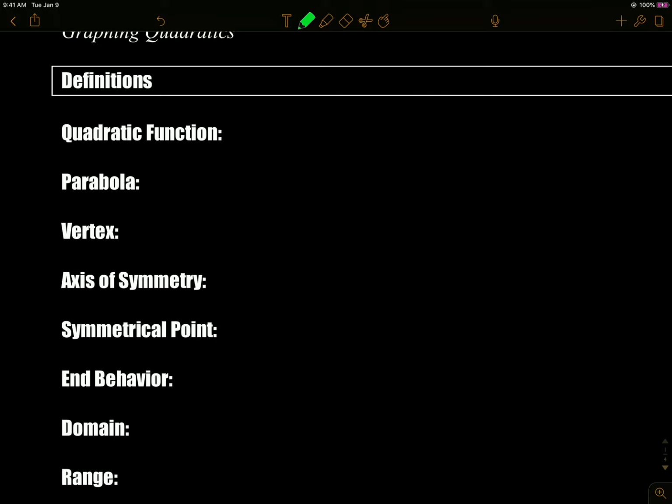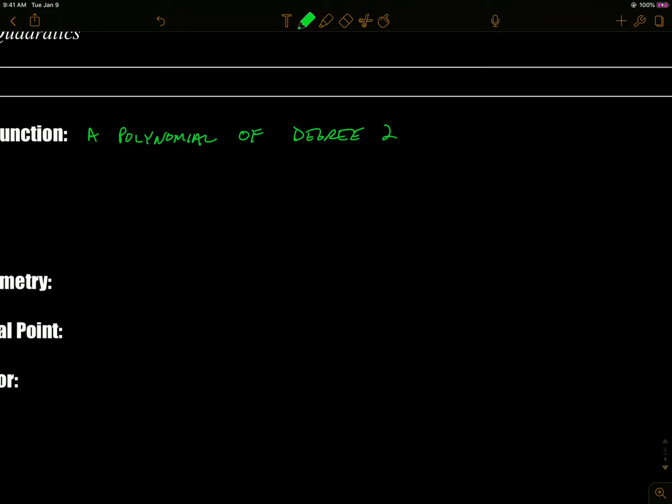A quadratic function is a polynomial of degree 2, which means the highest power of x is 2.